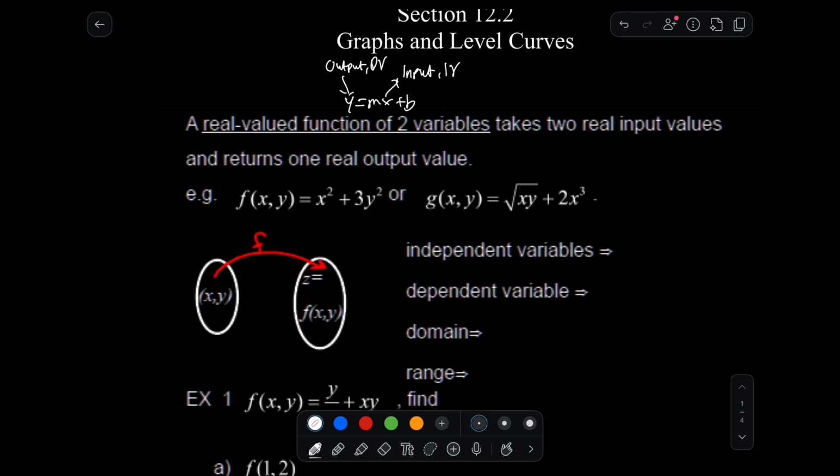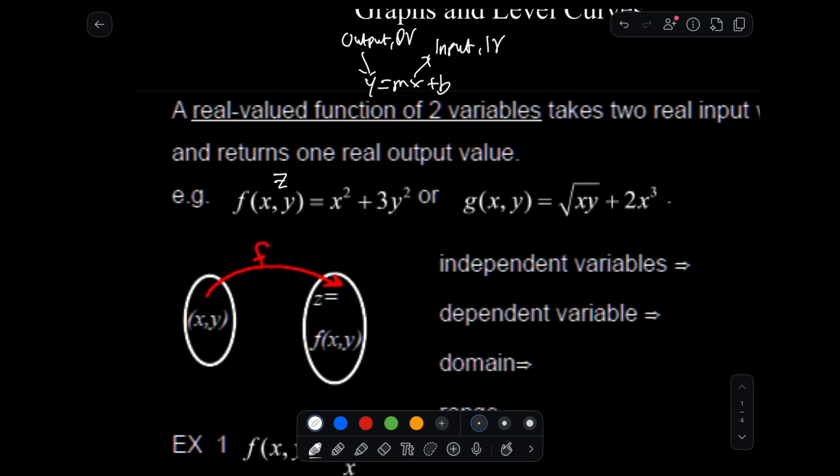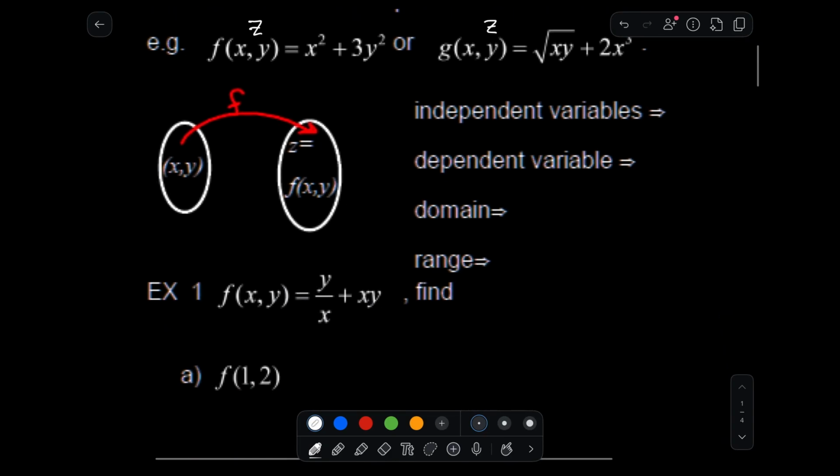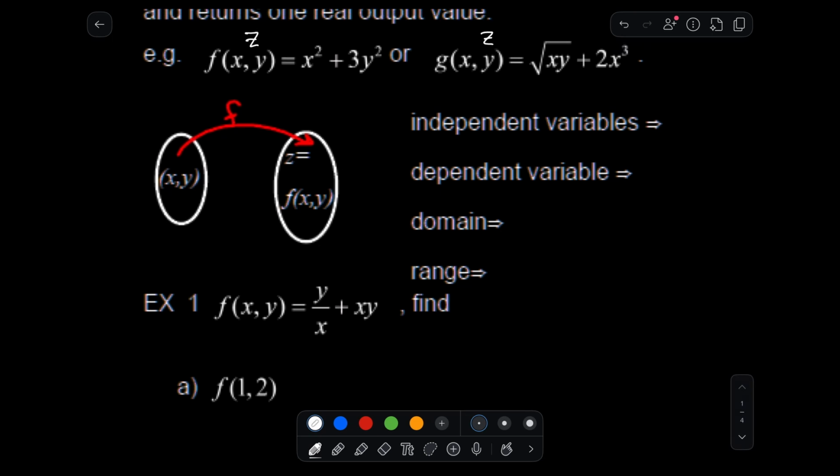And in this case, we're just scaling it up into 3 dimensions. So f of x, y is another way of saying z. G of x, y is also saying z as well. It's the same thing as saying f of x, g of x, right? We have the same ideas, just transferring it over.